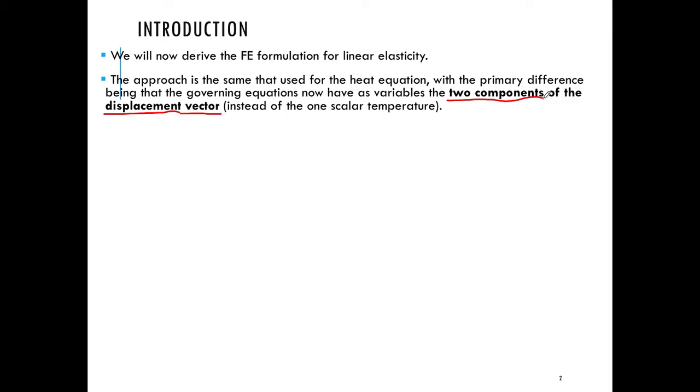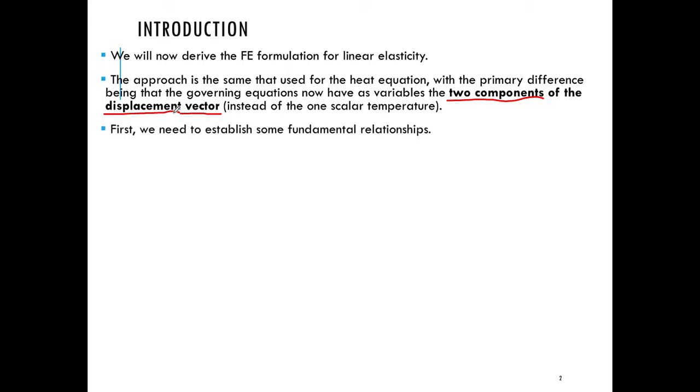For linear elasticity, we need to set some ground rules or fundamental equations, and for that we go back to some of our continuum mechanics principles to derive our strong form for linear elasticity, as we've done before. First, we look at how the displacement vector relates to the strains, and then how those strains relate to stresses in order to set up our strong form.